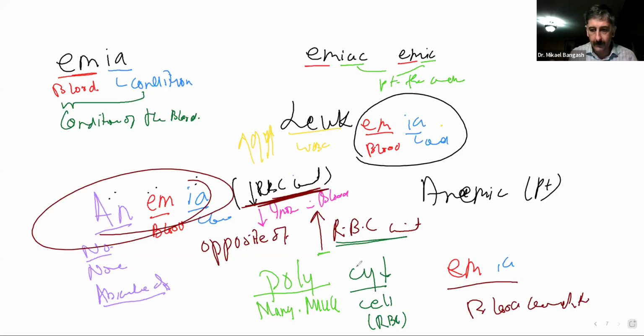Okay, guys. So, emia, you can go on. Now there may be terms that end with emia which are not necessarily blood conditions, but we can say they end with emia. Like glyc, which mainly means sugar, or to be more accurate, glucose.